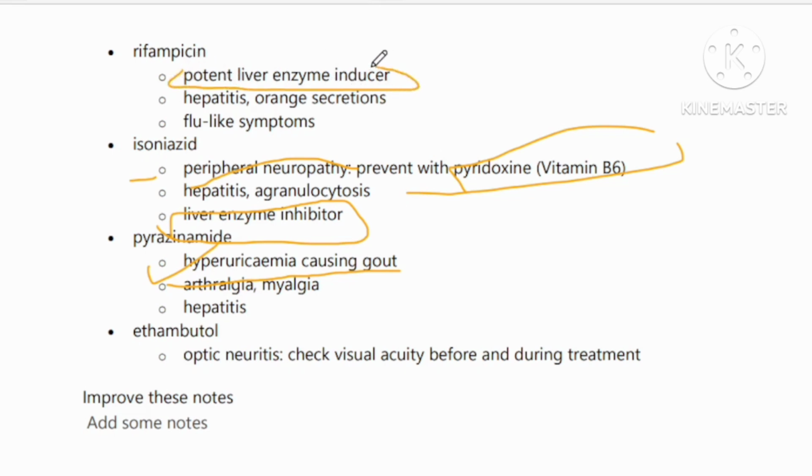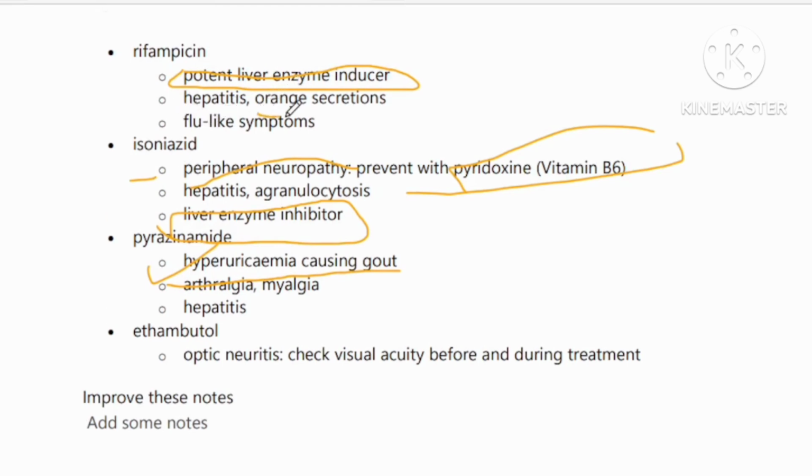So rifampicin is a potent liver enzyme inducer. And all the ATT drugs cause hepatotoxicity. So patients who are taking ATT are advised to follow up, and LFTs are advised to monitor the toxicity of drugs.